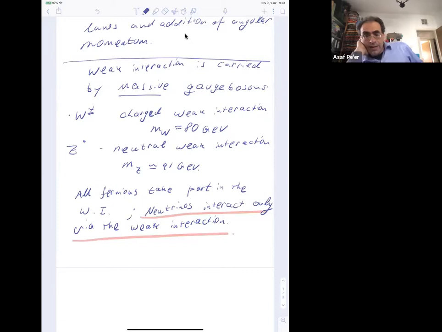Now, since the W carry electromagnetic charge, they connect in vertices between up-type quarks and down-type quarks.